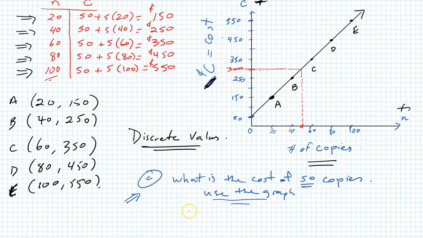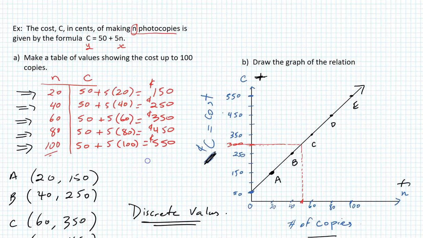So the cost for 50 copies, let's do it again: 50 copies is 300 cents, or $3.00. All right, and it does make sense. You plug 50 into the original relation right here, so that would be 50 plus 5 times 50, and yes, that would give you 300.